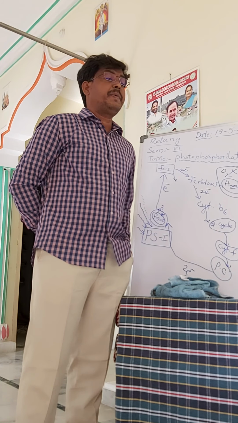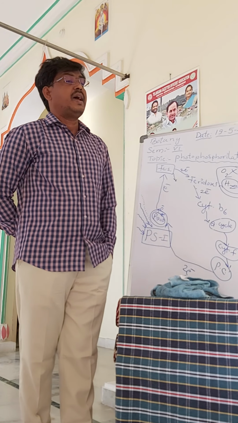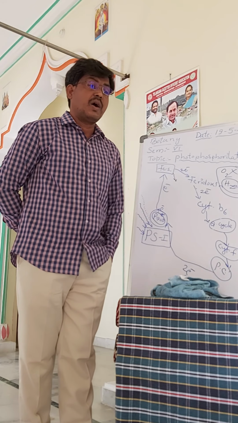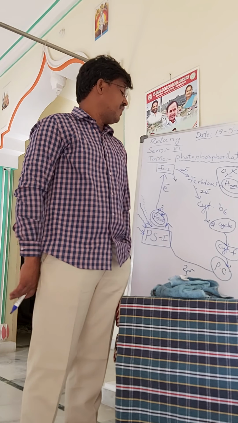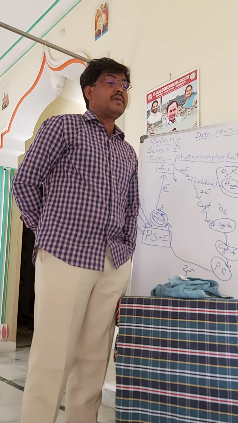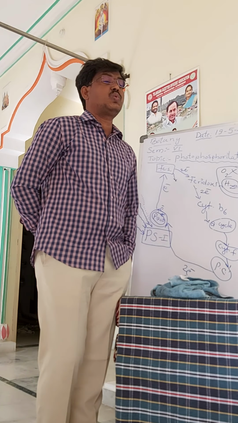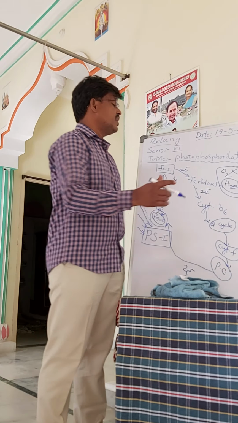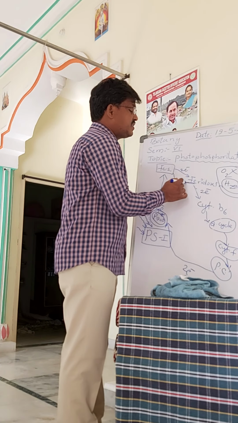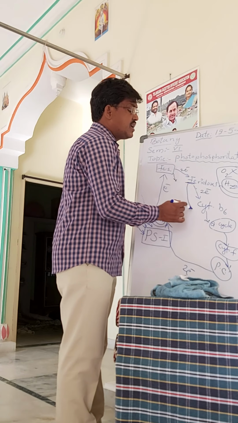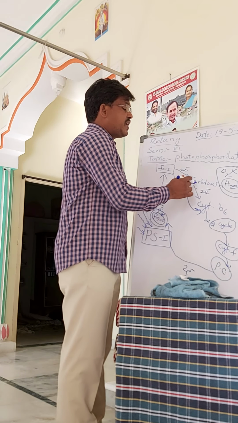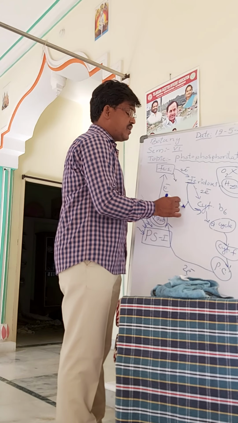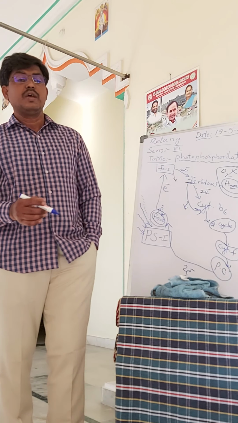One ATP is synthesized in this electron transfer from the ferredoxin to the cytochrome B6. So one ATP is formed in this process.